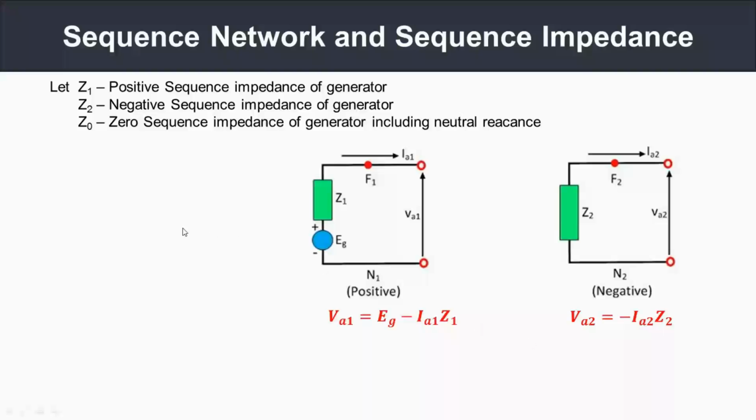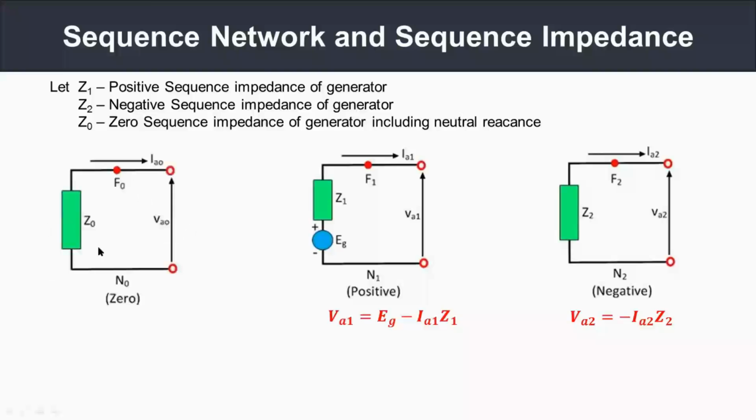Then the zero sequence network. The zero sequence network depends on the grounding. The grounding may be solidly grounded, neutral grounded, or ungrounded, and the zero sequence network diagram varies accordingly. Here consider this diagram, grounded through a reactance.